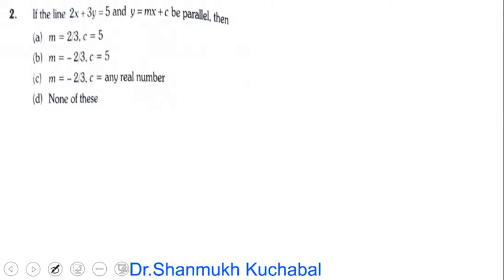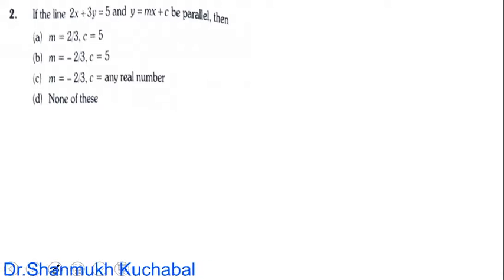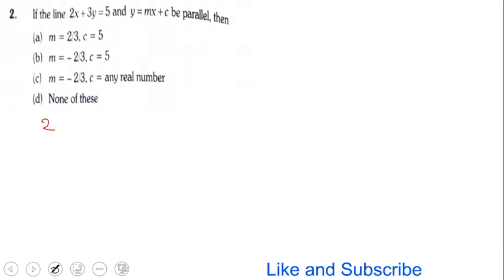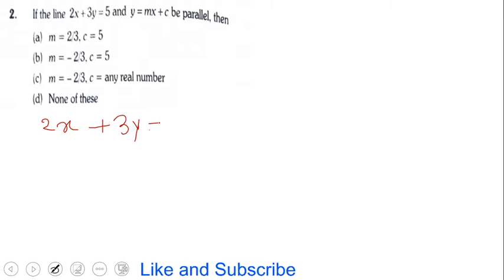It is given that if the lines 2x plus 3y equal to 5 and y equal to mx plus b are parallel lines, then which of the following is correct, we have to find out. So the given equation is 2x plus 3y equal to 5.